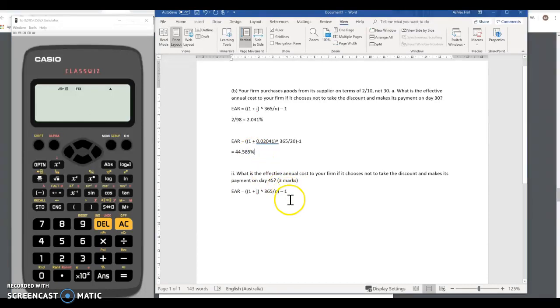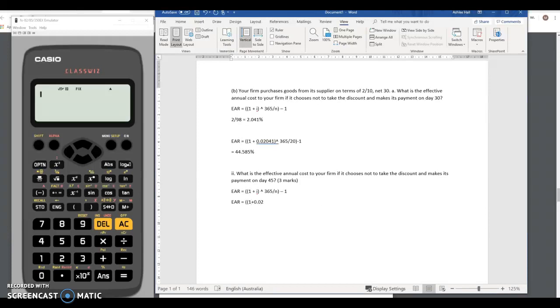So now moving on to the second question. It's exactly the same question as above, however, they're going to ask what if you stretch it out to day 45. So the only calculation we're going to change from above is that power function.